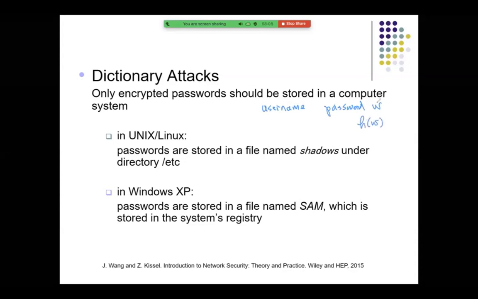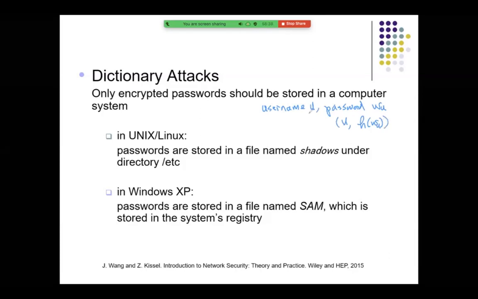W is the plain text, and the encrypted version of this password is H of W. H here is a hash function or cryptographic hash. So your username, let's say this is U, then maybe it's W sub U, to indicate this password is for U. So this information gets stored in your computer.